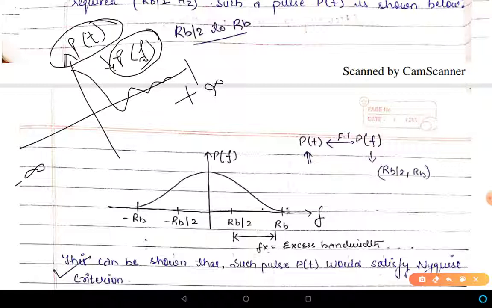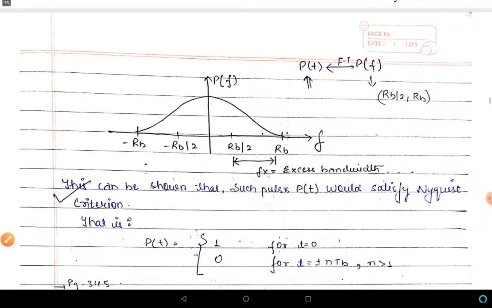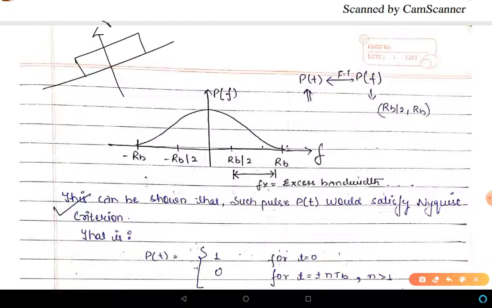Now the question arises how to do that. In the Nyquist first criteria, my pulse P(f), that is the pulse in frequency domain, was varying from minus RB by 2 to plus RB by 2.